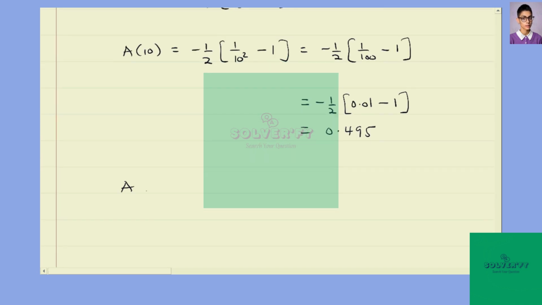We are also looking at it at t equals 100 the second time.